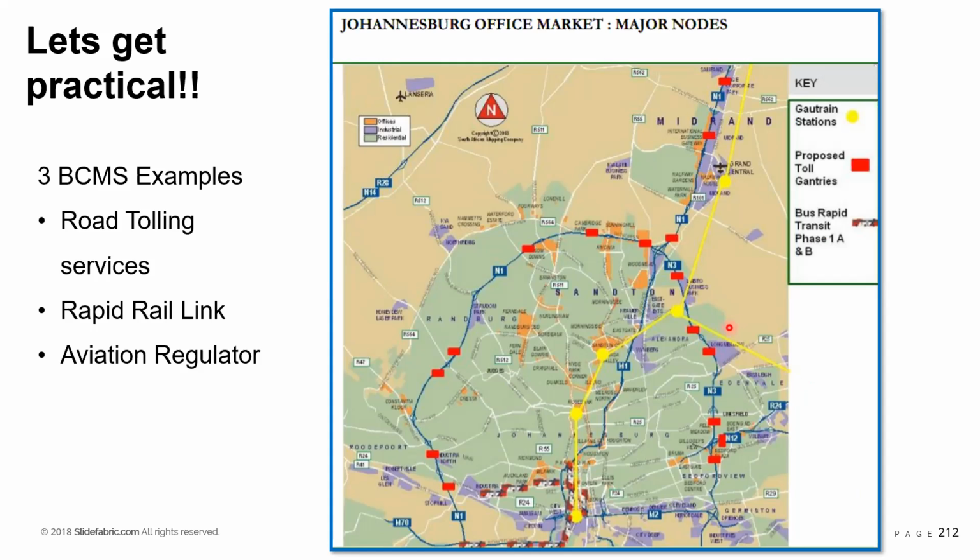The second one that I want to talk about is toll roads. Now the toll roads around Johannesburg is actually all these gantries that are now in red here. And the question is, if you don't know what your environment is, you are going to exclude one gantry. You are going to exclude a fall-over system that has to work with that gantry itself.